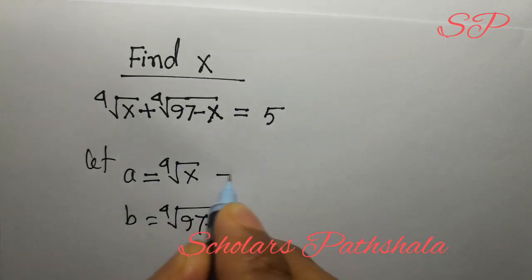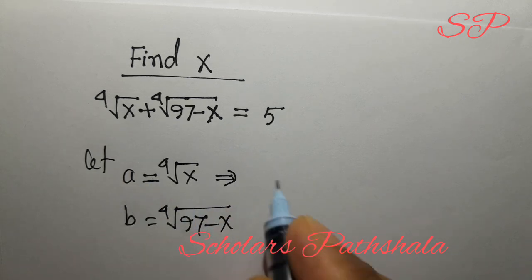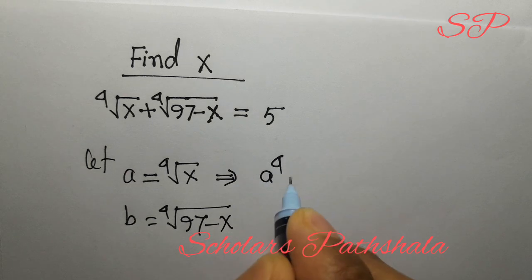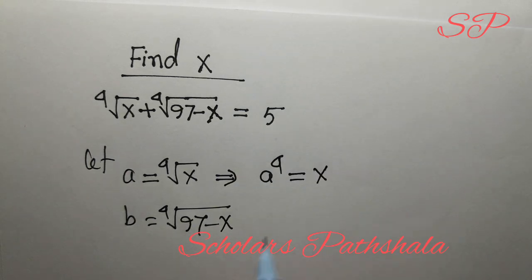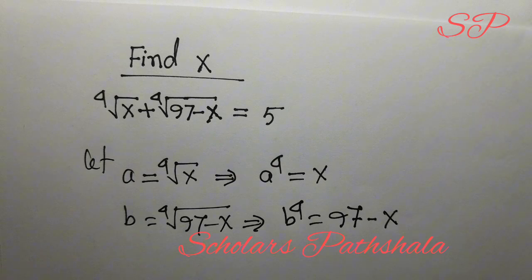If we raise to the power 4, then we can write a to the power 4 is equal to x and b to the power 4 is equal to 97 minus x.